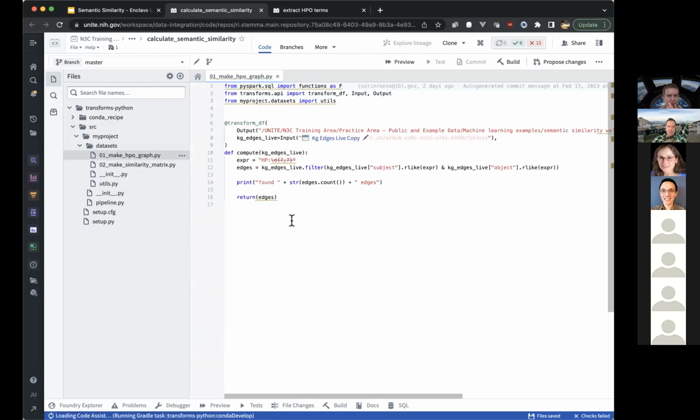The first is you need the actual HPO graph. This version of the HPO graph is getting a little long in the tooth. It's kind of old, but it does actually work. I think it's from about 2 years ago. And so if you need HPO terms that have been minted in the last 2 years, this is probably not the way to do this.